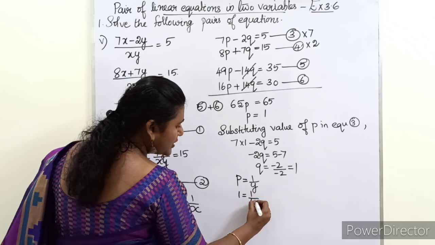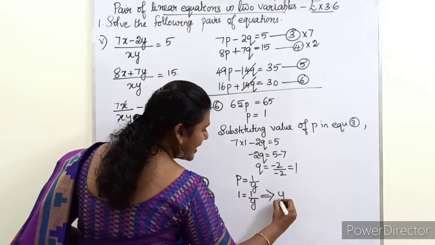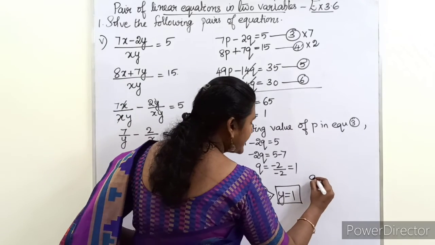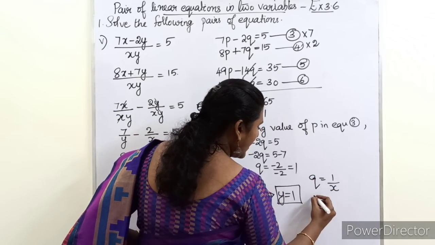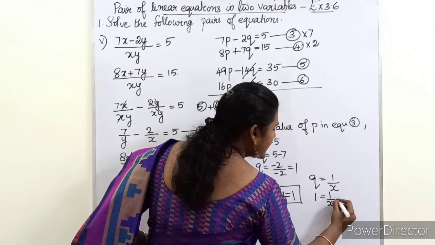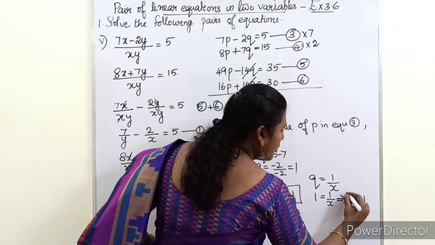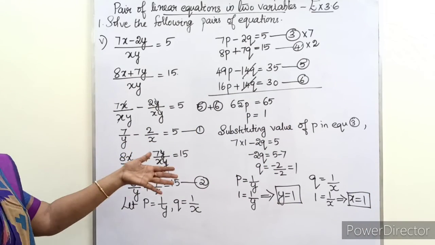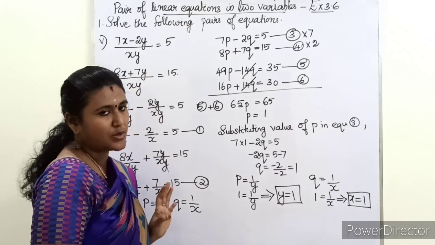So 1 is equal to 1 by y, which implies y is equal to 1. Similarly, q is equal to 1 by x, and the q value we got as 1. So 1 is equal to 1 by x, which implies x is equal to 1. So the solution of the given equations are x is equal to 1 and y is equal to 1.